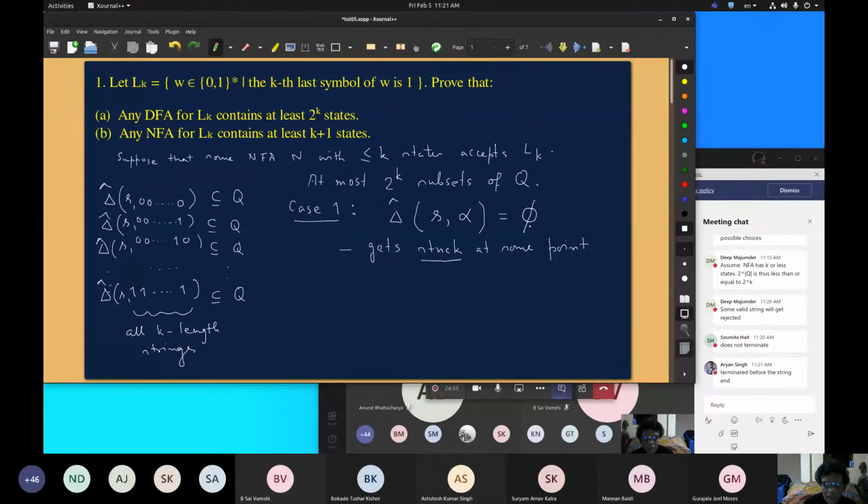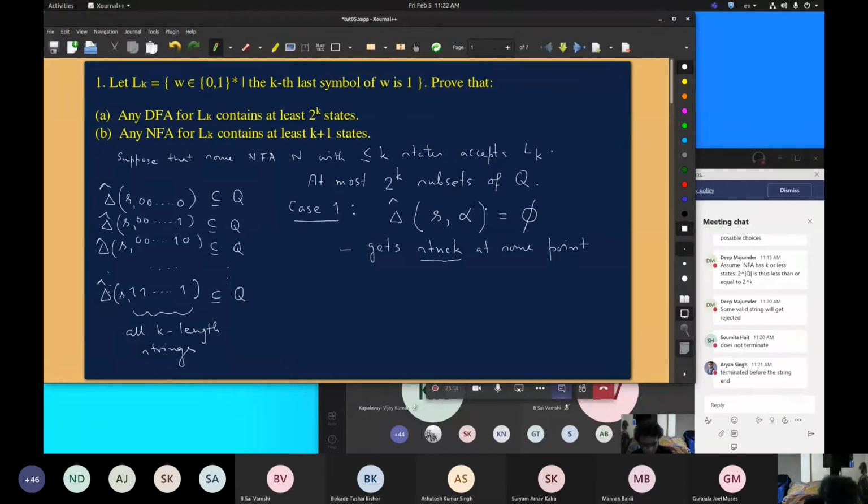Therefore, if alpha is followed by any beta, then the machine will also get stuck on alpha beta. No problem, right?